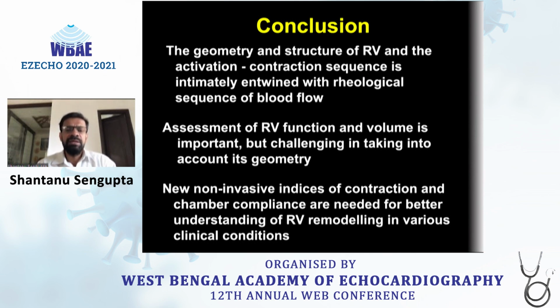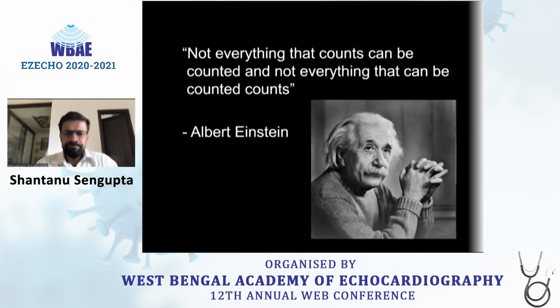But RV function can be assessed non-invasively by three entities: TAPSE, RV S prime, and RV strain values, looking at only the lateral segment. And we do need new non-invasive indices to understand RV chamber compliance and RV remodeling in various clinical cardiological conditions. Thank you so much.